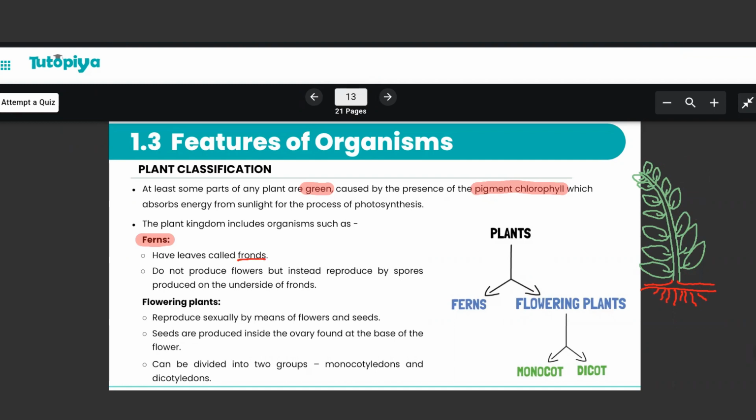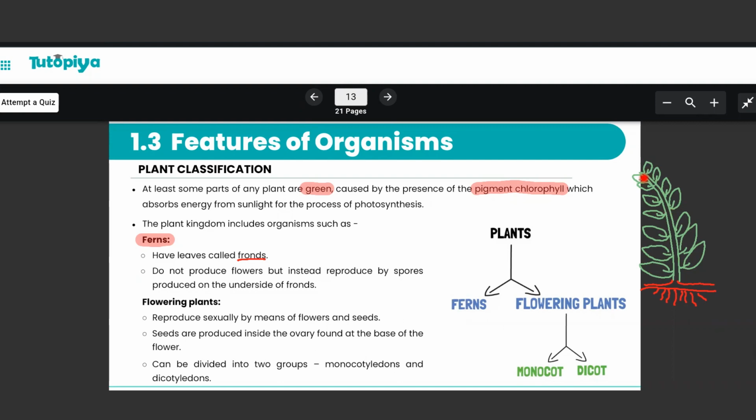And one thing you need to understand about ferns is that ferns do not produce flowers. They are non-flowering plants. So if a fern doesn't have flowers, you must understand that it has to have some other form of reproduction to produce new ferns, right?